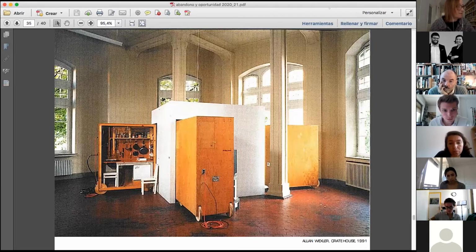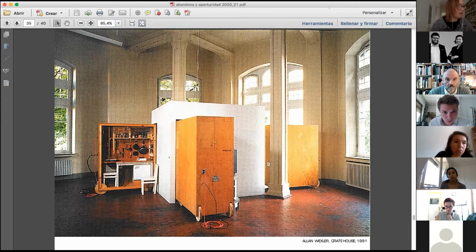Alan Wexler's artistic installations, for example, use strategies similar to lofts, colonizing the center with a furniture object that concentrates all the elements of furniture and household items.